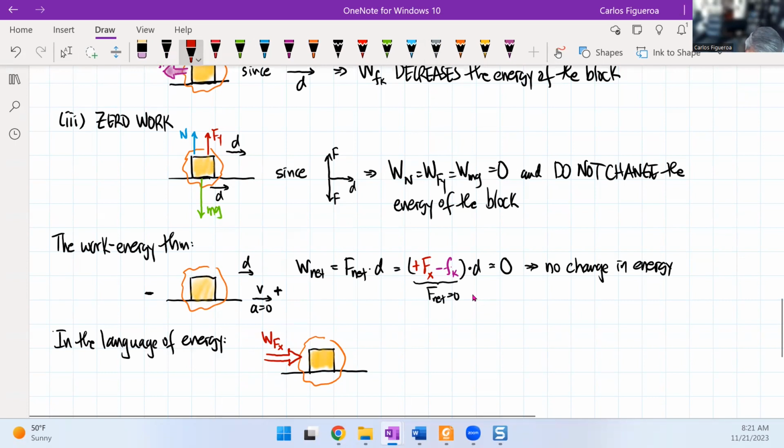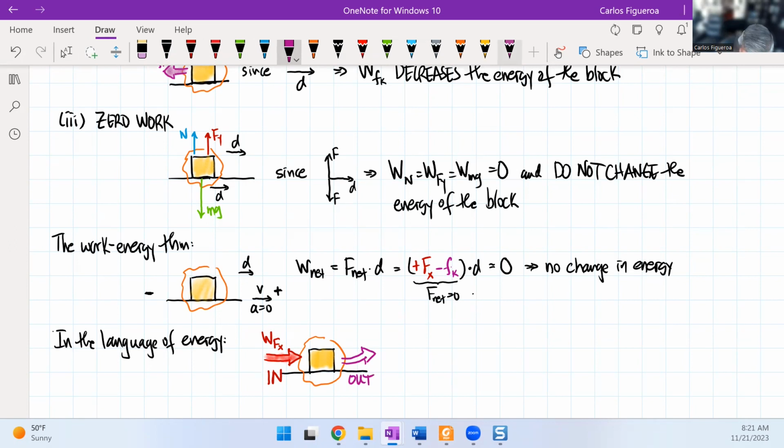That's how I defined f of x. So this is flowing into the system at this rate. And then there's a flow of energy that's coming out, as there is work, negative work, done by the force of friction.